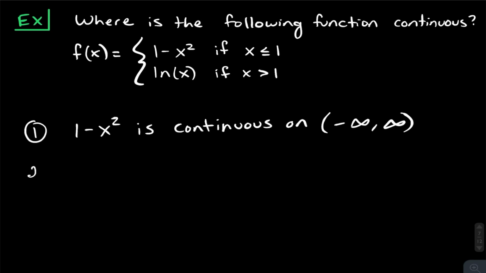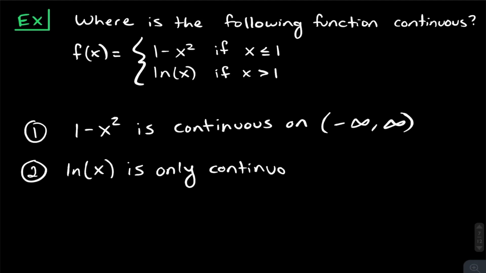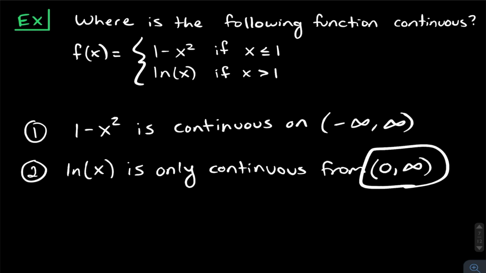But what about natural log of x? Well, natural log of x is only continuous from 0 to infinity, right? And does that affect us here? Does that restrict us?